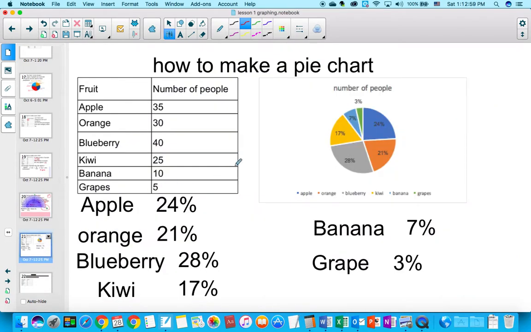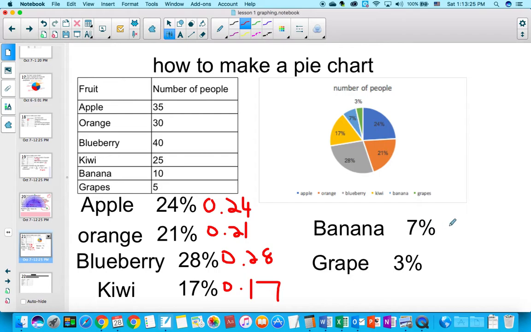And so as you do that, you will get a pie chart that looks like this, using your percentages as decimals: 0.24, right? Hopefully you know how to do this already, 0.21. It's basically the same numbers, just with a decimal in front of it, 0.28. And you'd multiply each of these numbers by 360.